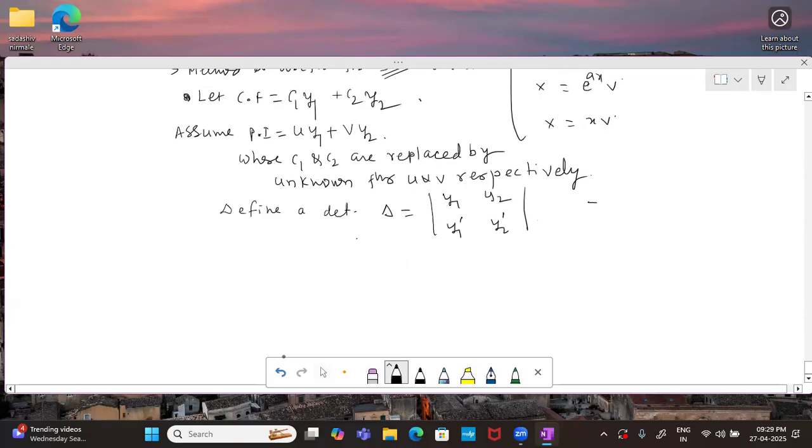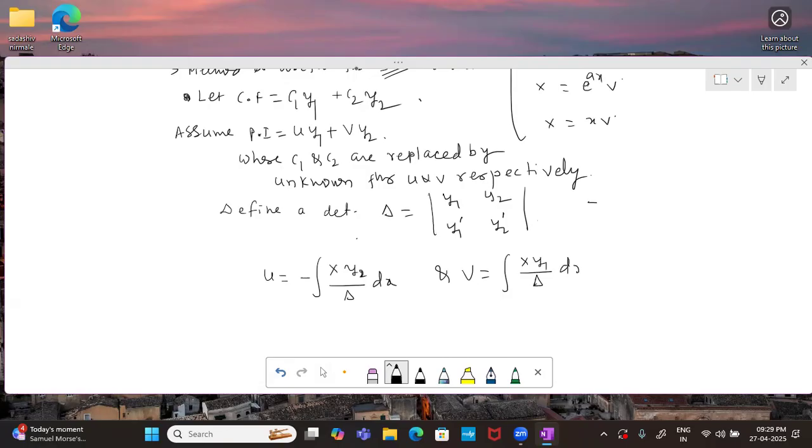Then u is minus integral of X, the right hand side, into y2 upon delta dx, and v is integral of X into y1 upon delta dx.